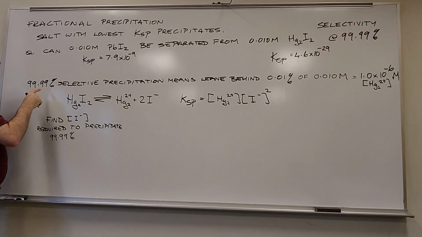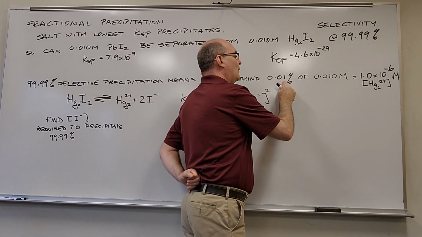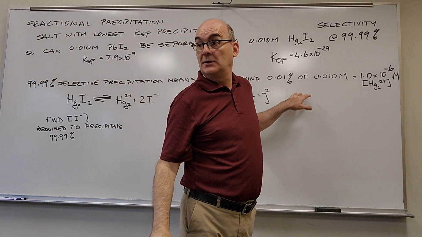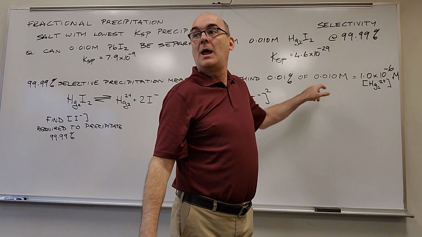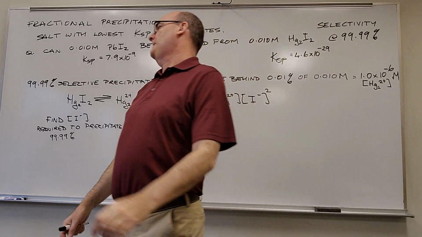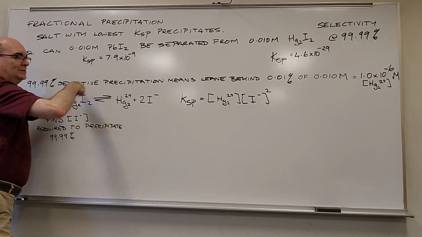The question says, can you get 99.99% of the mercury out, which means you are leaving 0.01% behind. 0.01% of what? The mercury.